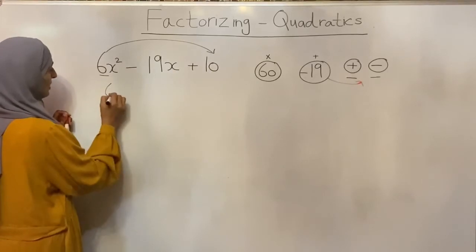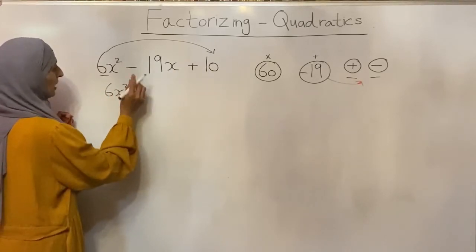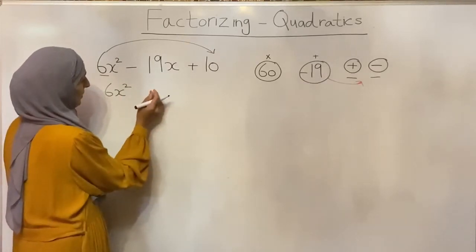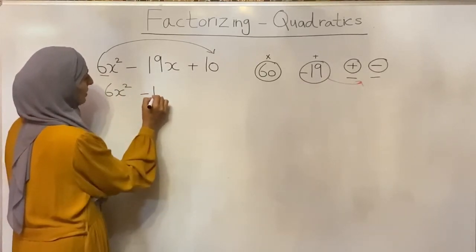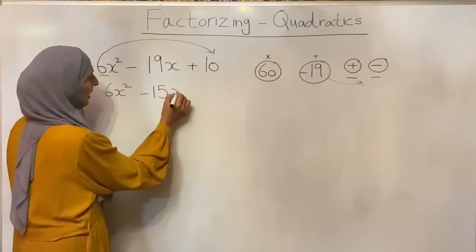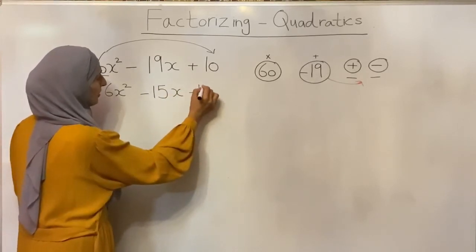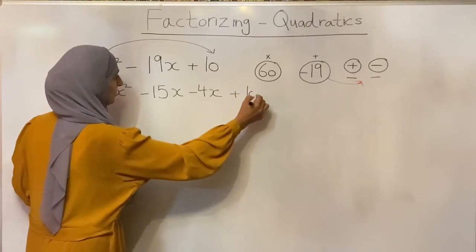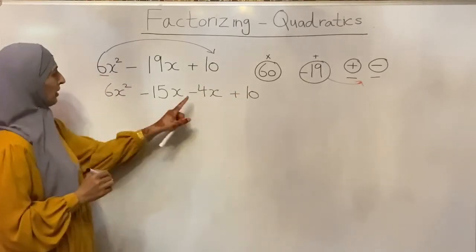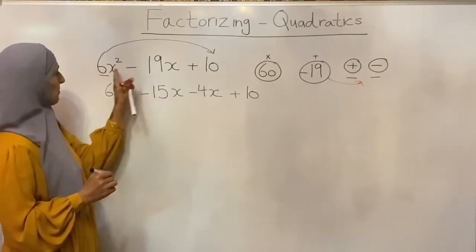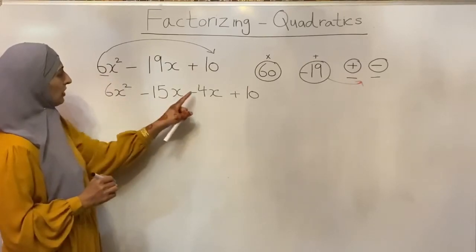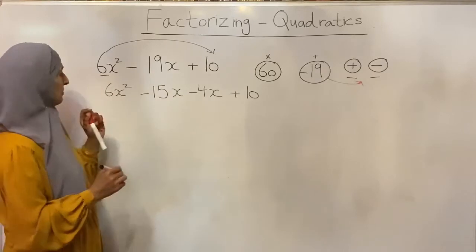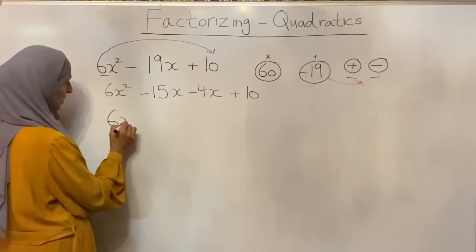So 6x squared, instead of minus 19x, I can write minus 15x minus 4x plus 10. 15 times 4 is 60, and minus 15 and minus 4 add to minus 19. There you go, I'm going to check my answer.